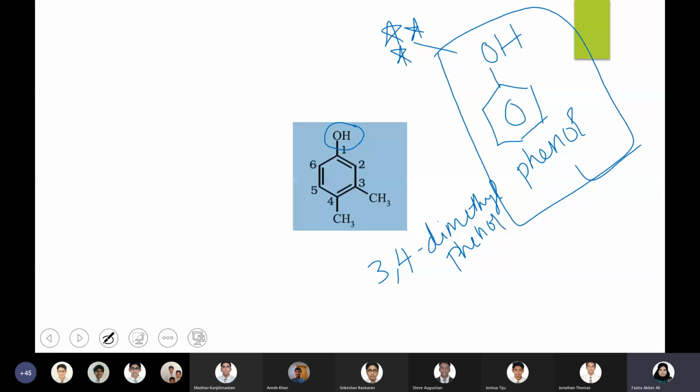That kind of alcohol is separately known as phenol. And when phenol is present and you have two alkyl groups, then you need to position these alkyl groups and number them as per the priority order. The least number possible is 3 and 4. So this is the order possible and you can name it as 3,4-dimethyl phenol.